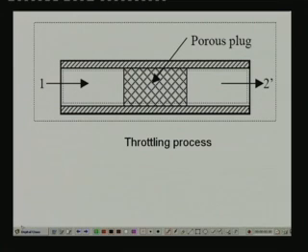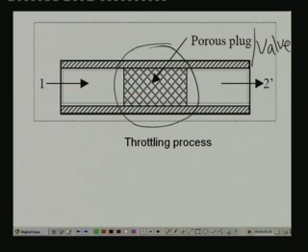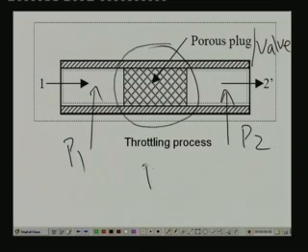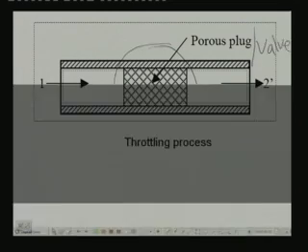In general, a restriction could be a porous plug, or it could be a valve. Valve means not a fully open valve, it is a partly closed valve. When this provides a restriction, you find that there is a pressure drop. That means P1 will be greater than P2.